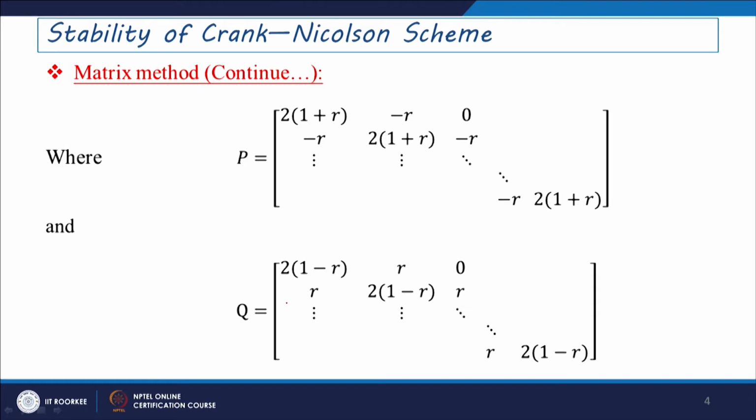These equations are represented in the form of minus r e p minus 1 q plus 1 plus 2 into 1 plus r e p q plus 1 minus r e p plus 1 q plus 1 equals r e p minus 1 q plus 2 into 1 minus r e p q plus r e p plus 1 q.